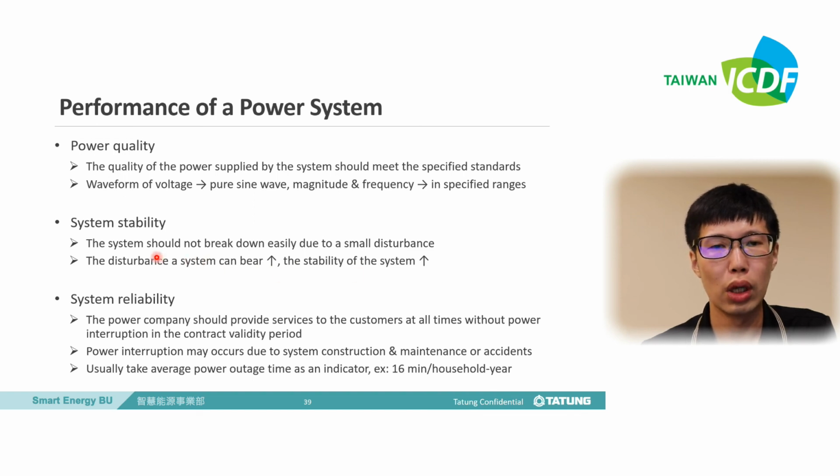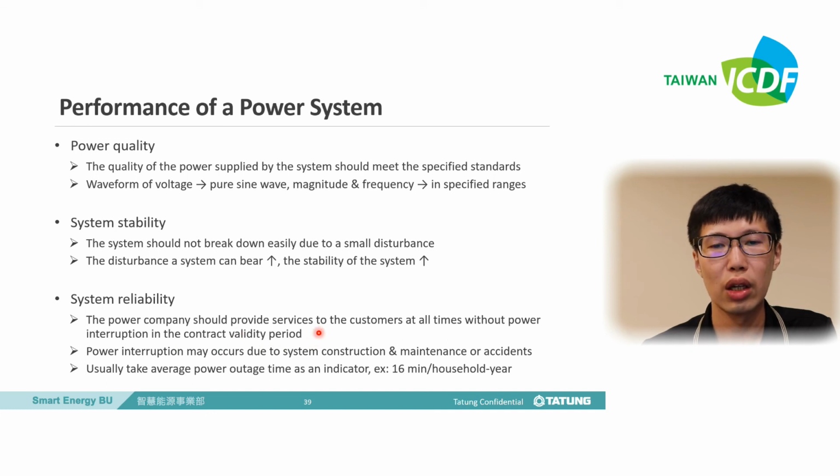And because the system will face some large or small disturbances at all times, system stability is very important. And finally is the system reliability. The power company should provide service to the customer at all times without power interruption in the contract validity period.